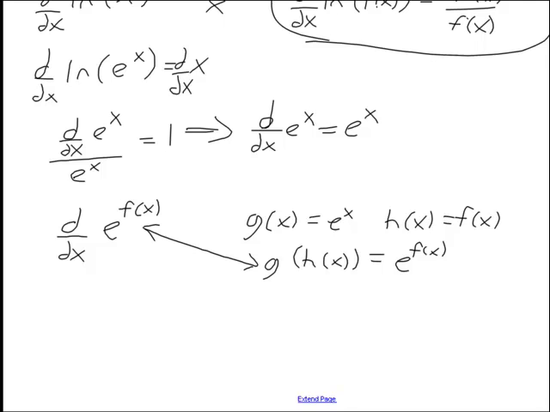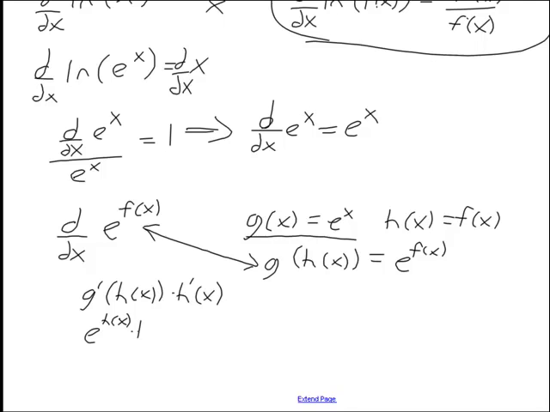Well, we just use our chain rule on that. The derivative of g of h of x will be g prime of h of x times h prime of x. Well, what will that be? g prime is going to be e to the x because it's its own derivative. So that'll be e, but instead of to the x, it will be to the h of x.